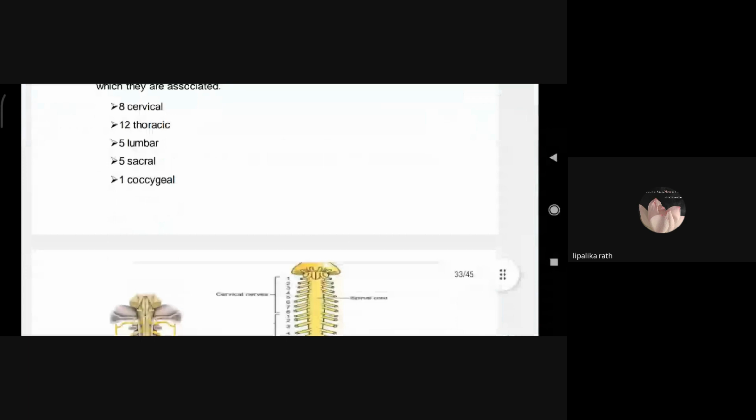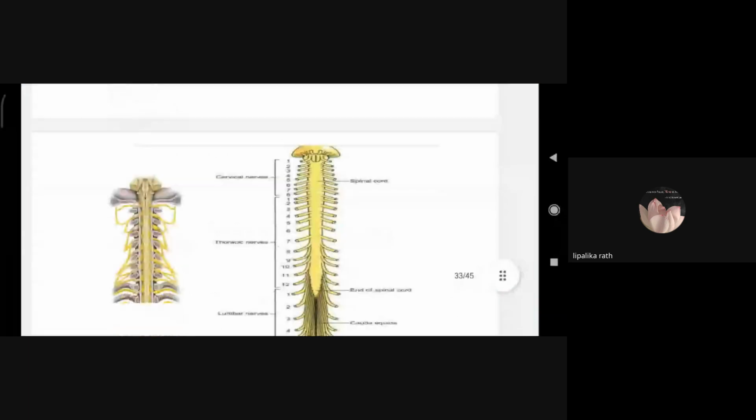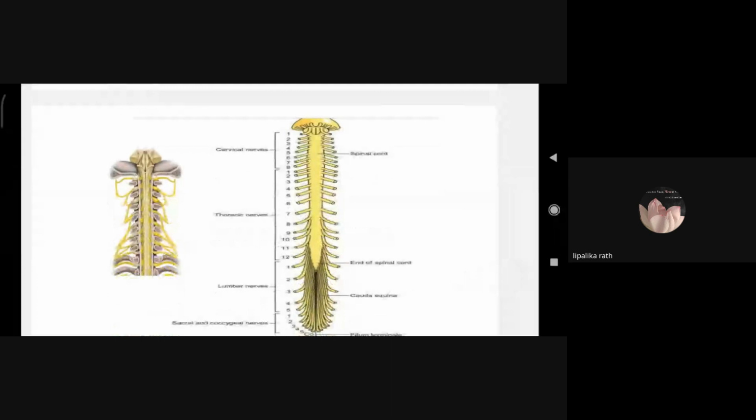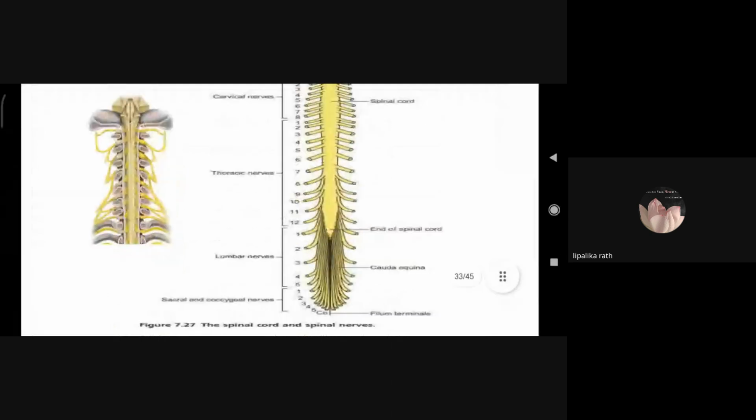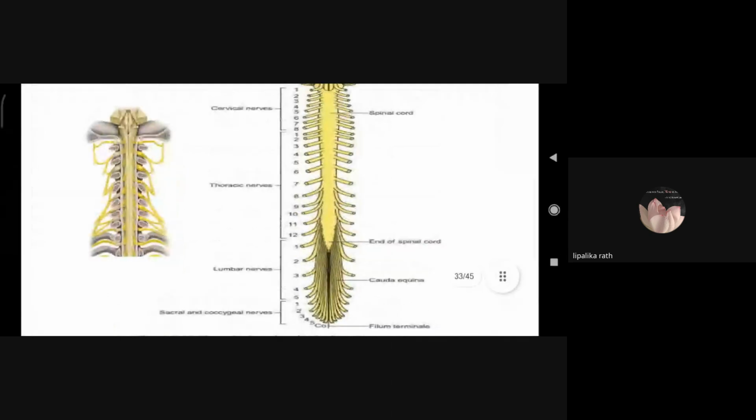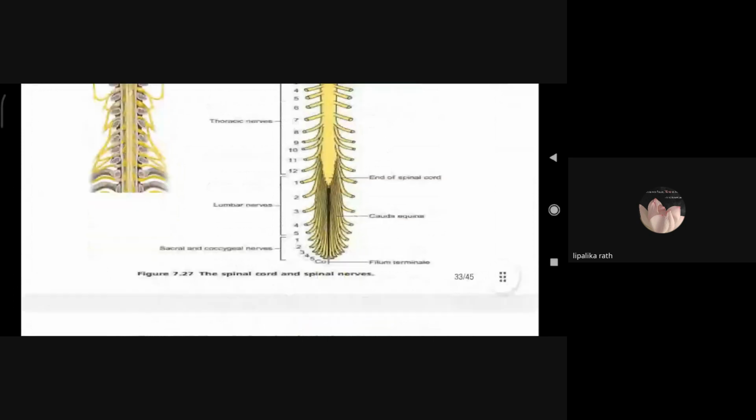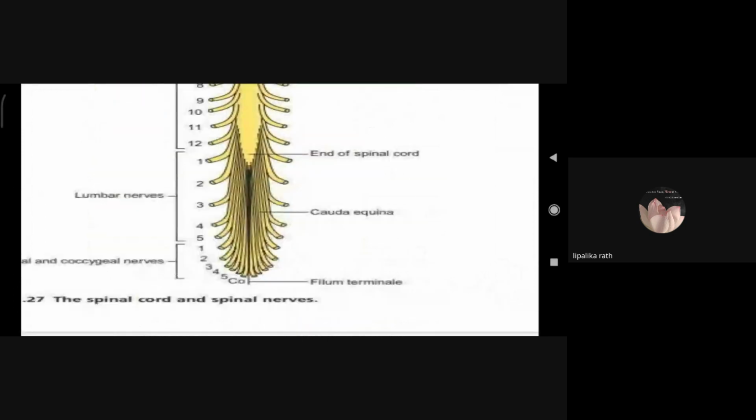And it is ending here. You can see here in this picture, I hope you can see the picture clearly. And here you can see it is bundled like a horse tail.